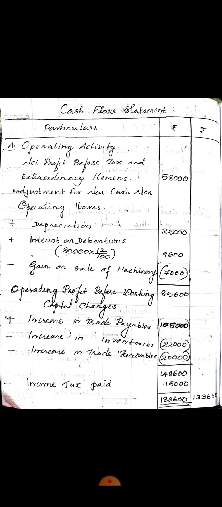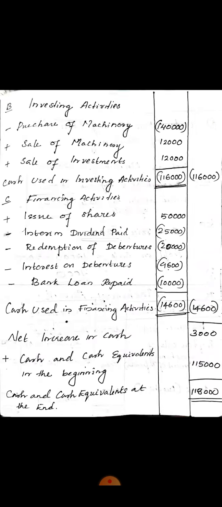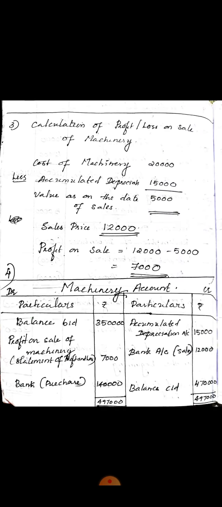Then gain on sale of machinery. Calculation of gain on sale of machinery. Working note number 3. Cost of machinery rupees 20,000. Then accumulated depreciation of machinery 15,000, that is depreciation up to the date of sales. Cost 20,000.